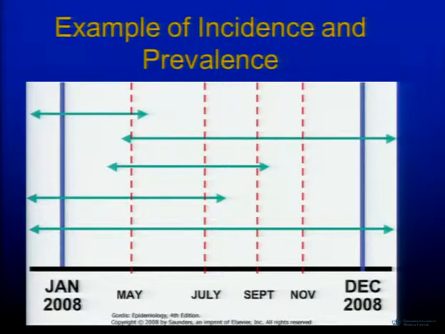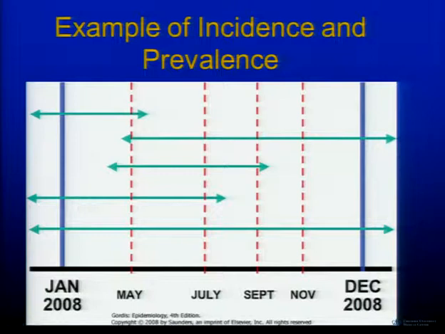If I wanted to know the point prevalence in May, how many of these people seem to have the disease in May? Right, there are 5 people. All of these arrows actually cross this line. So you have 1, 2, 3, 4, 5 people for the point prevalence.